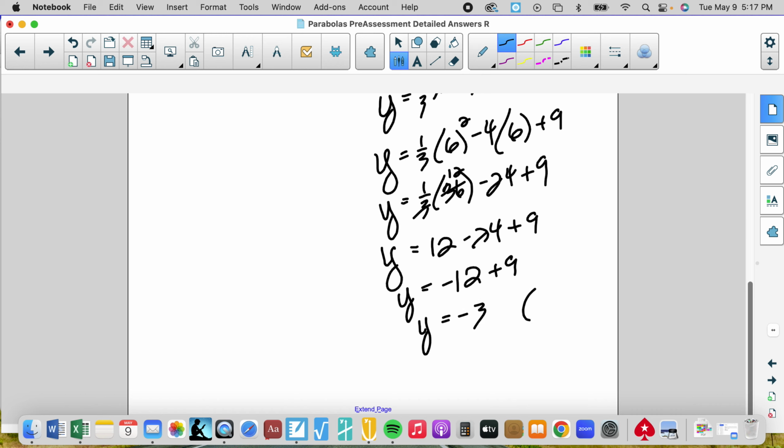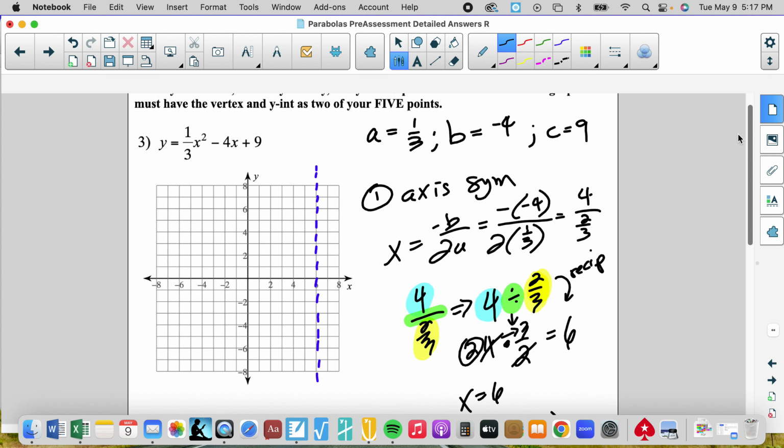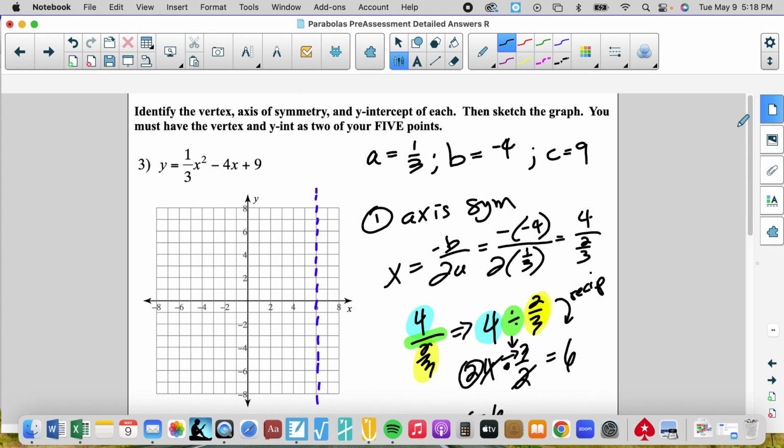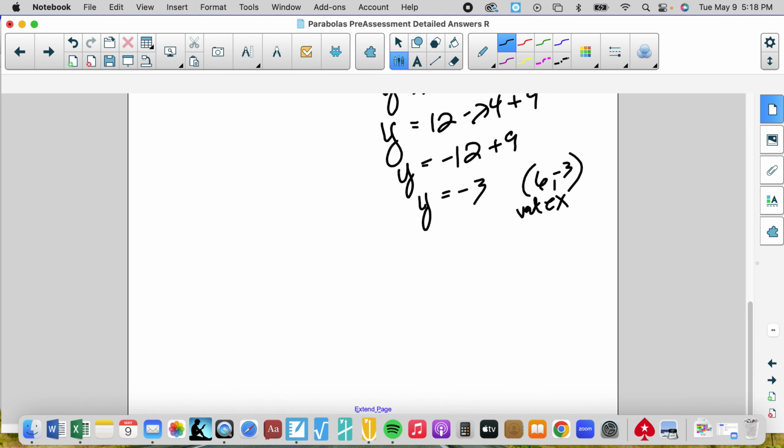So when I plugged in 6, I got negative 3. This is going to be my vertex. 6, negative 3 is located right here. My a is positive, so I know it's going to be a U. So 6, negative 3.